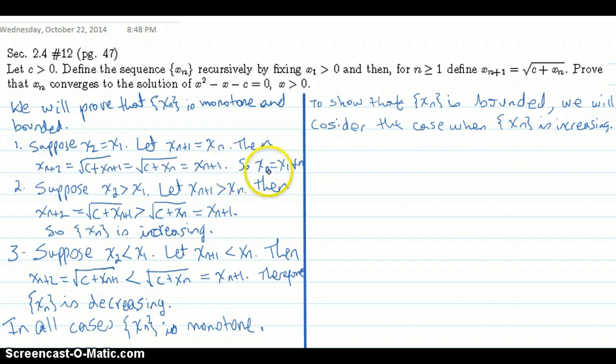Okay, so let's look at x_{n+1}, which equals the square root of C plus x_n by definition. Let me back up a little bit.